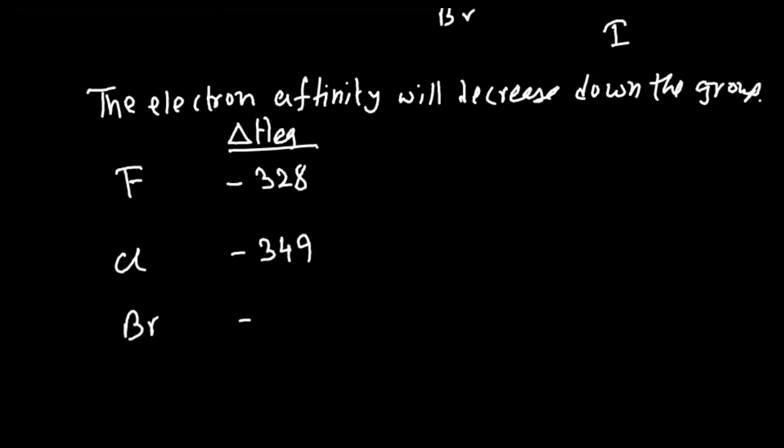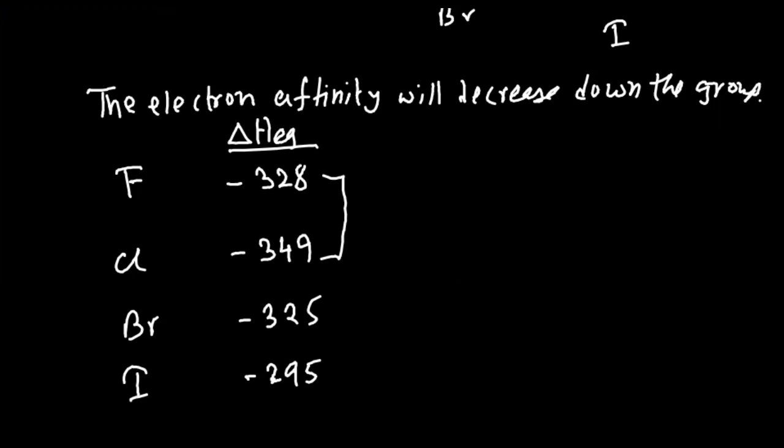Bromine minus 325, and iodine, it is minus 295. So the values are more or less in accordance with the statement that I have just written above, except this one. Between fluorine and chlorine, you can see that the numerical value of electron affinity is increased to a certain extent.